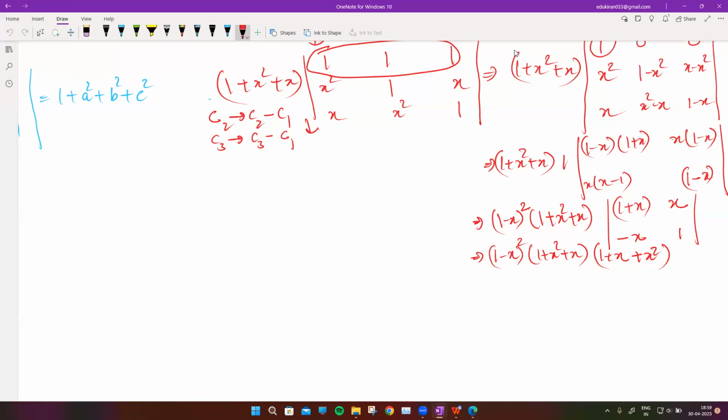The only thing is, how do we get to make one row or one column the same? Here it was easy. We changed R1 to R1 plus R2 plus R3. This is the most difficult step, I would say, from these type of questions. First step, you have to observe the pattern. You have to practice a lot of questions to understand what you can do there.